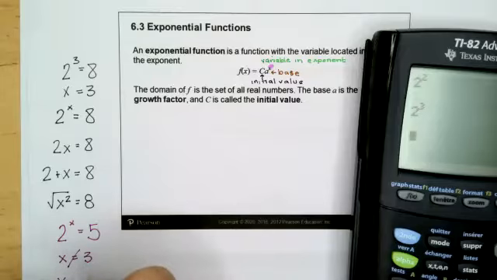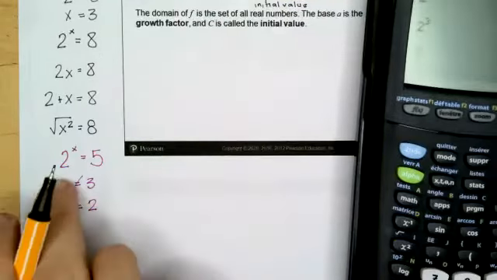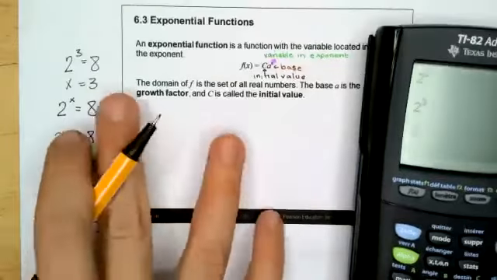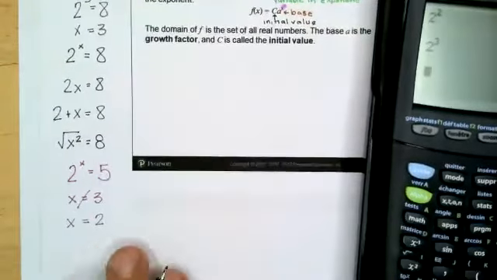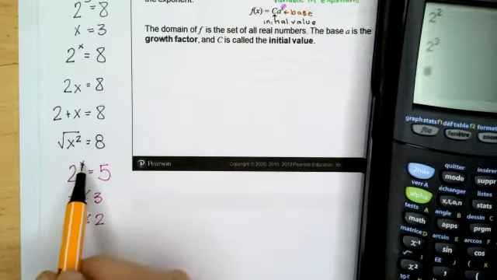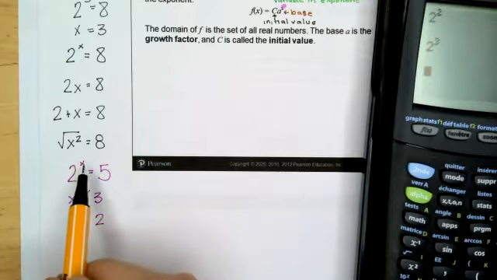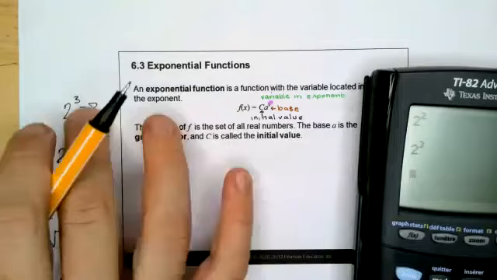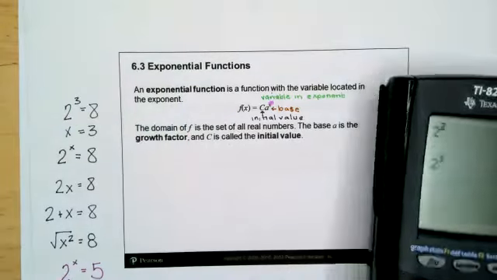Is it 2? No, because 2 to the power of 3 is 8, and 2 to the power of 2 is 4. So it's some number between 2 and 3, but we don't know where exactly. So today we're going to talk about how to find X if X is in the position of the exponent, and it's not a perfect answer, okay?